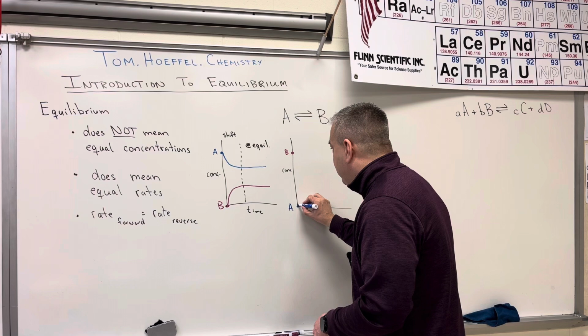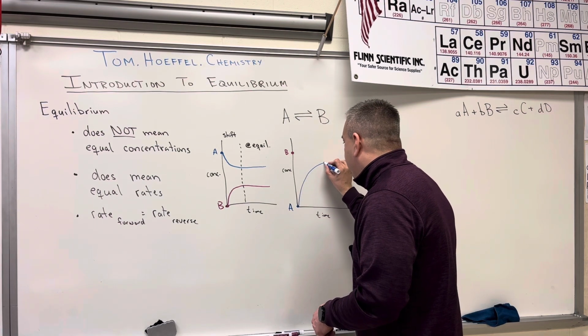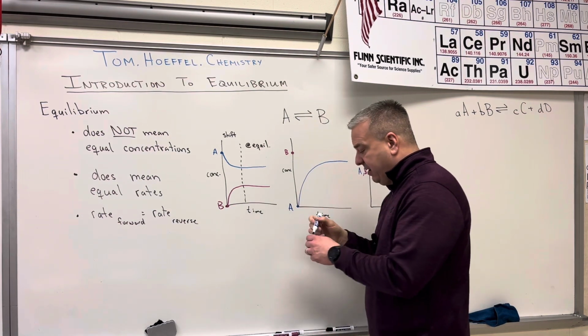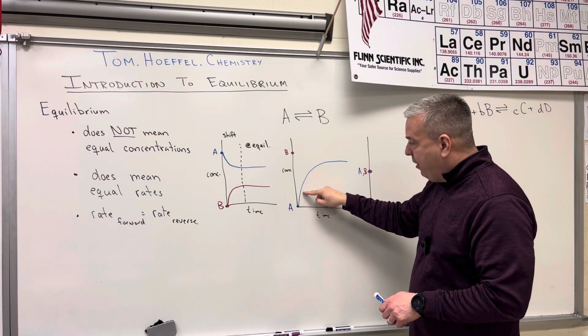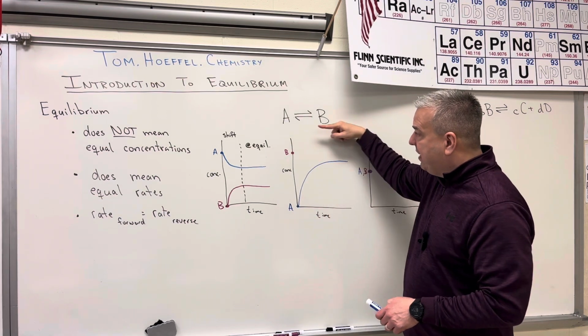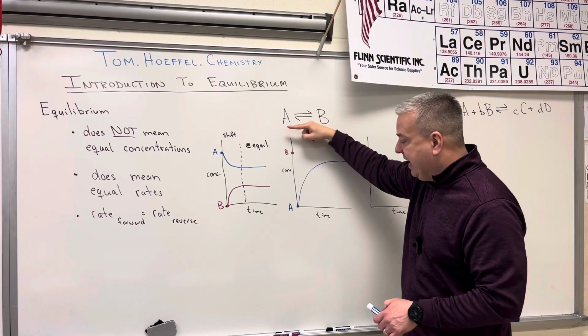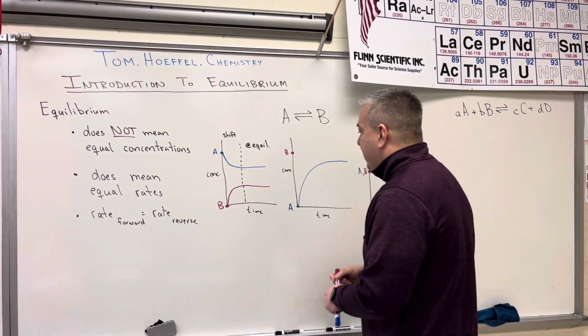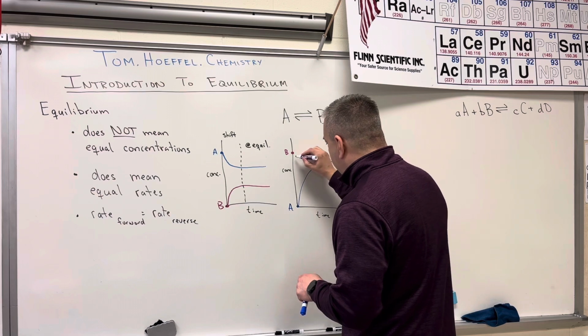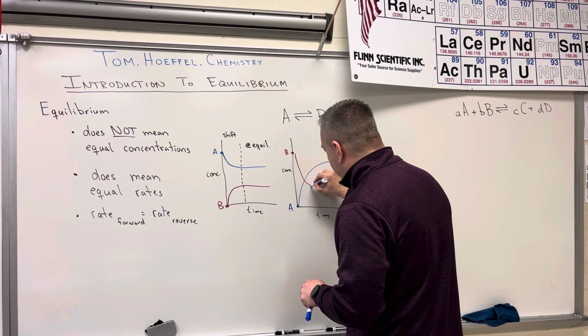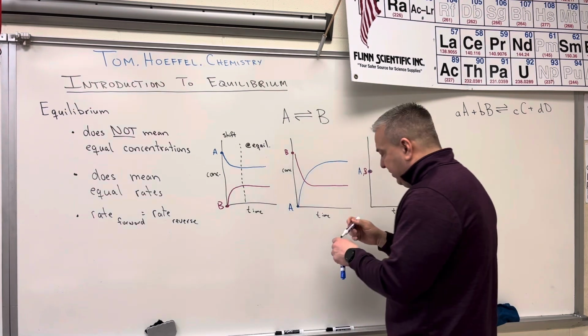So what we're going to end up seeing is something that looks like this for the A. You can see how much it's being produced, and that's because it's shifting to the left to make all of this A. So that means the B is going down by an equal magnitude, and then it levels out.